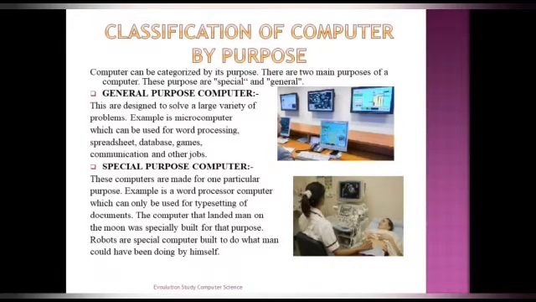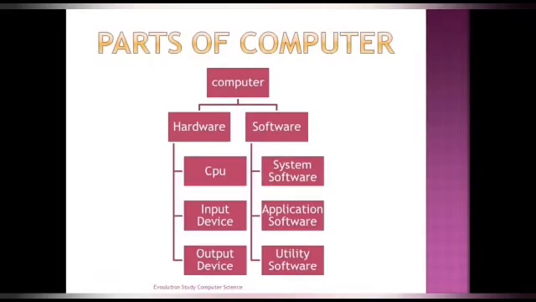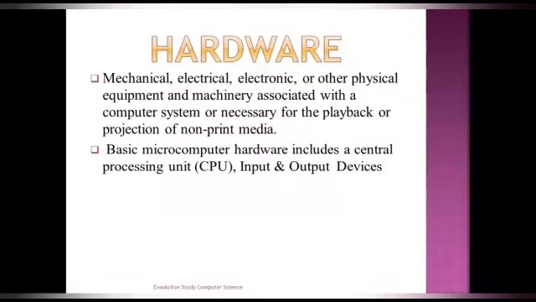Now it's time to discuss the parts of a computer. A computer has two parts, hardware and the software. Hardware includes the CPU, input devices and output devices, while the software includes system software, application software and utility software. I think we all here know what hardware is.